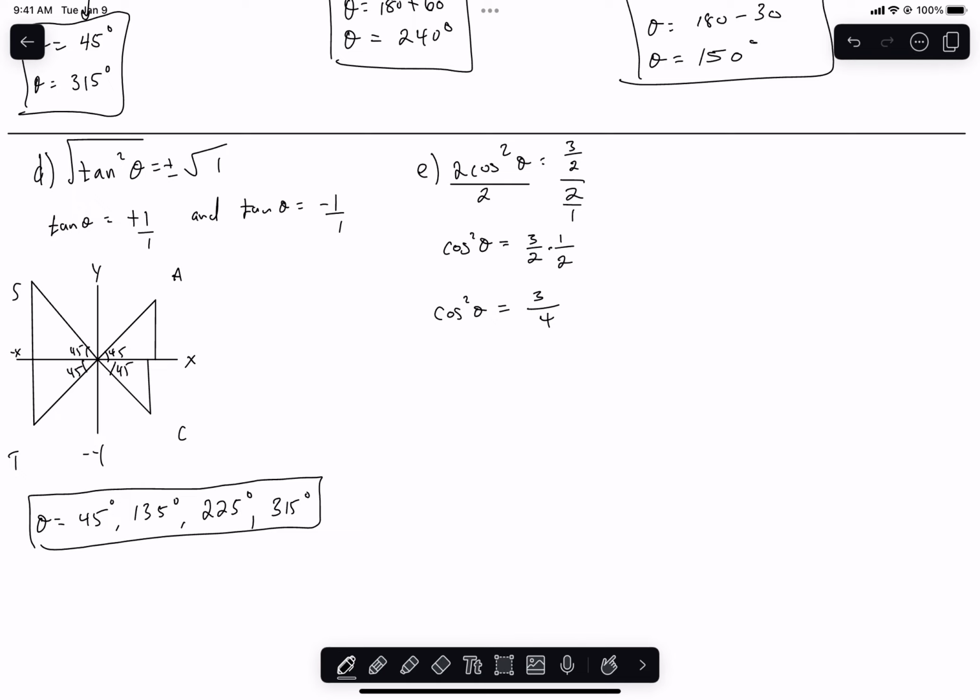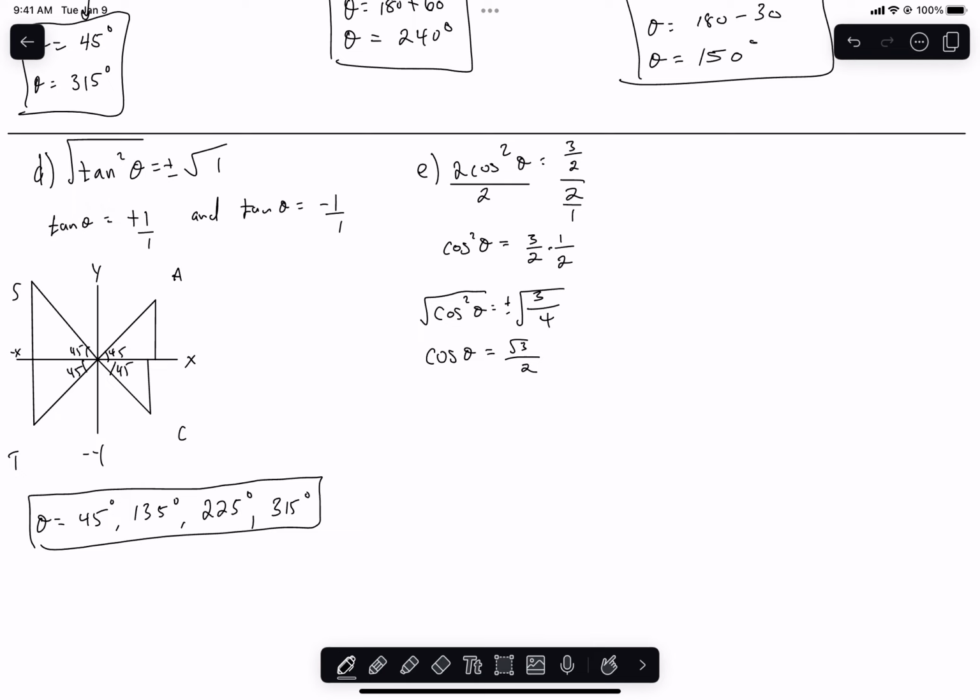Now, I'm interested in getting just cos theta by itself because it's cos squared theta at the moment. So I'm going to square root both sides. And again, like the last question, when you square root both sides, you've got to write the plus minus. And so I get cos theta is going to be plus minus root 3 by the square root of 4, which is 2.